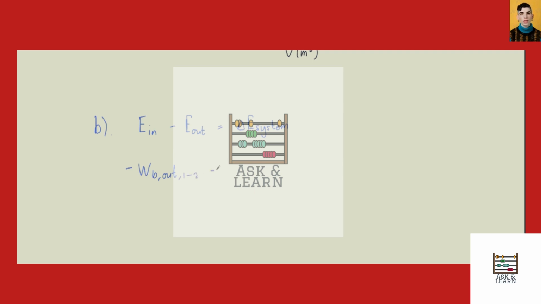That's negative since it's out of the system. And then we have heat coming into the system, so that's plus Q. And this is equal to the change in internal energy of the air, delta U. And delta U can be written as mCV times the change in temperature. The final temperature is T3 minus the initial temperature T1. So that's our energy balance for the system.